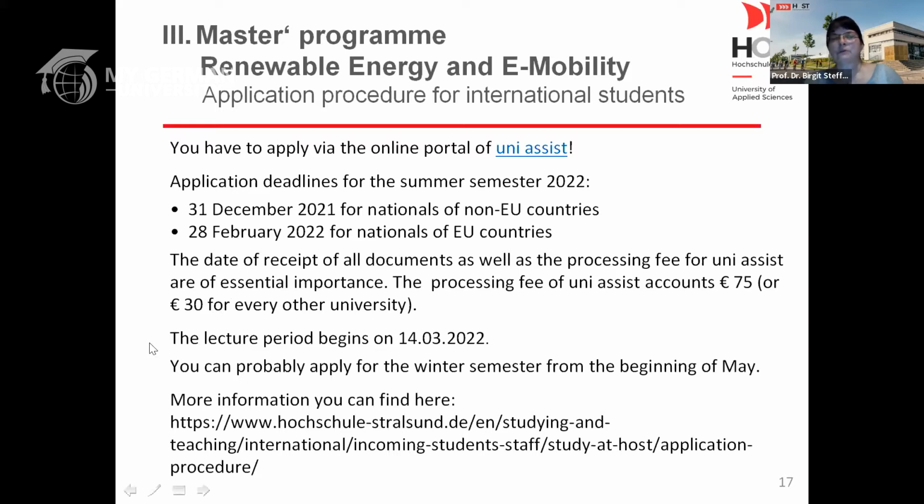Our lecture period begins in the middle of March, and you can apply for the next winter semester from the beginning of May. Here we do not have a concrete date. You have to look at when the UniAssist portal opens. Here you can find more information about the application procedure.